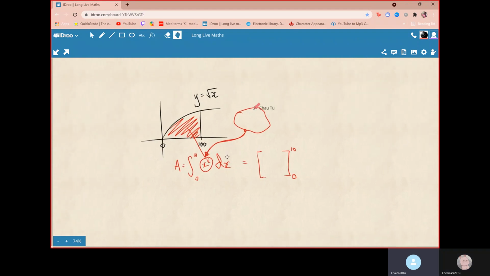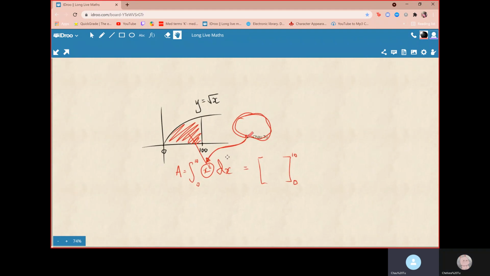You've got to look for something in such a way that when you differentiate it, it gives you the square root of x. What is it? Do you know, Chelsea? No.